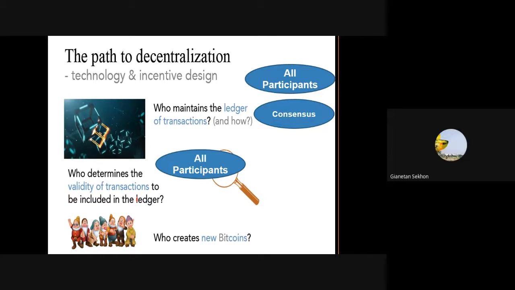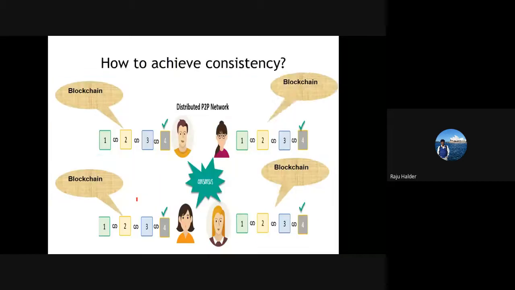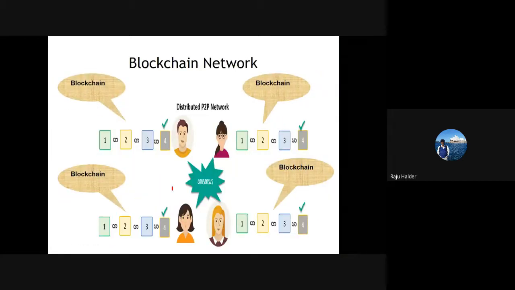Through the consensus algorithm? No, only validity checking. I can personally check it. I don't have to be dependent on others, because, as I told, I have the whole blockchain copy. So every transaction, the history of the transactions, I have.